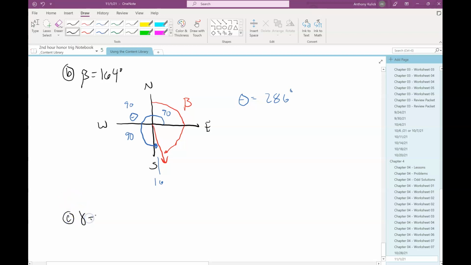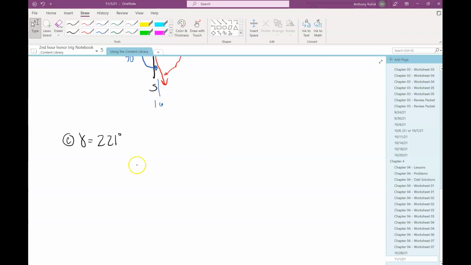Okay, so let's say we have another one. This is gamma, which is 221. Never eat shredded wheat.